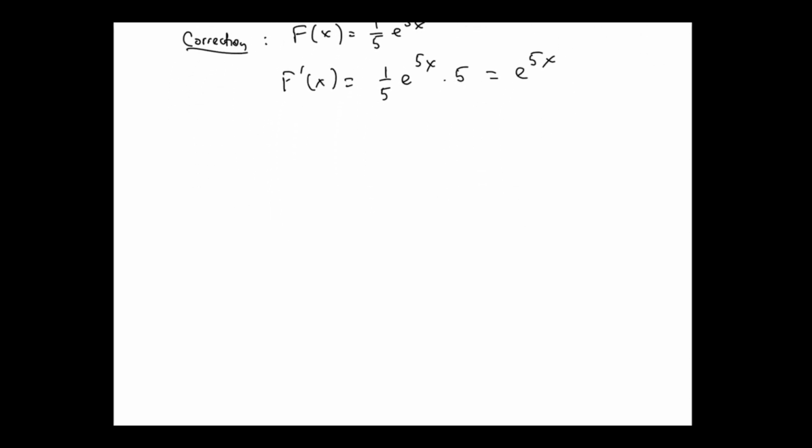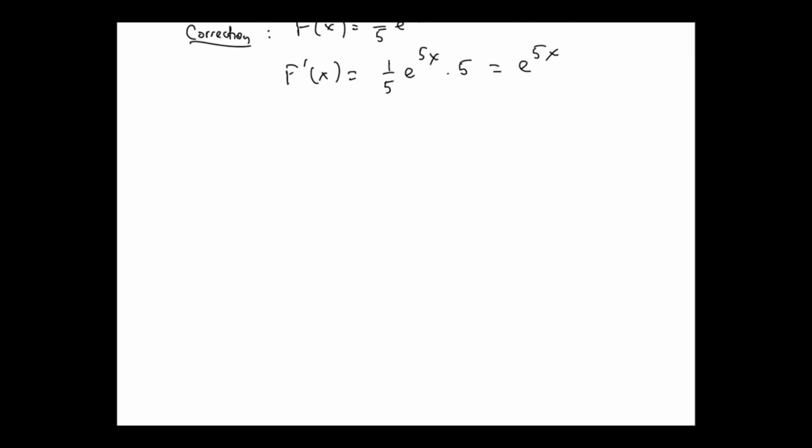But what really are we doing when we do this sort of thing? We're saying, okay, I'm gonna let the quantity 5x, if that were just e to the x, we'd be done. It'd be easy. But it's not. It's e to the 5x. So let me just call 5x a different letter.